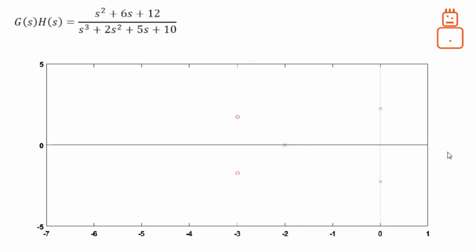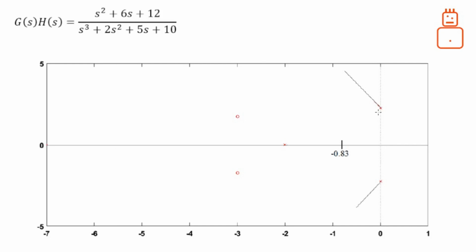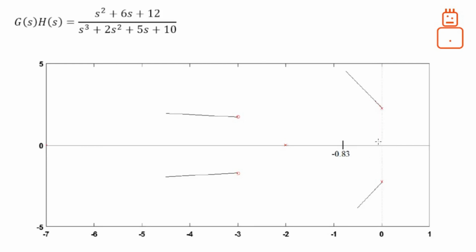We have the break-in point here, and we have the angles of departure from complex poles, and angles of arrival to the complex zeros.